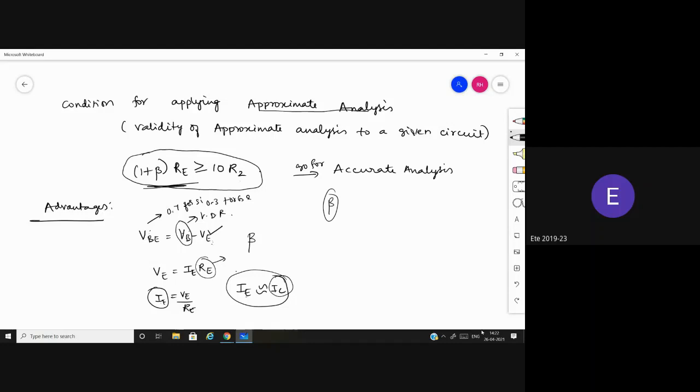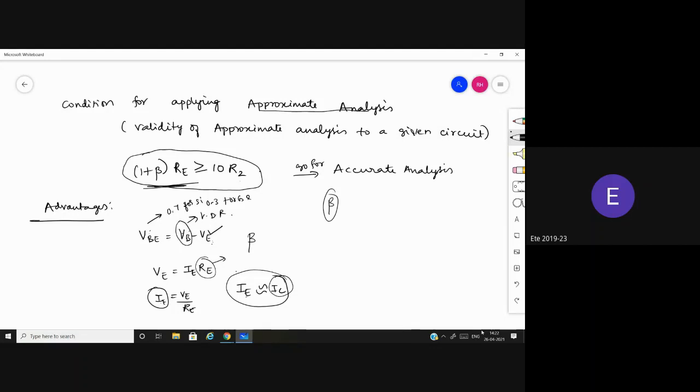From this we can tell that the operating point is almost independent of beta variation. Even in accurate analysis, you can see that in the numerator as well as the denominator we have the beta factor, which might reduce the fluctuation.